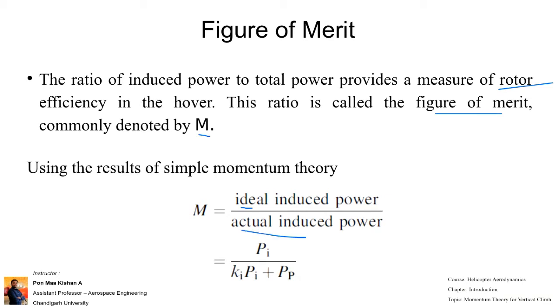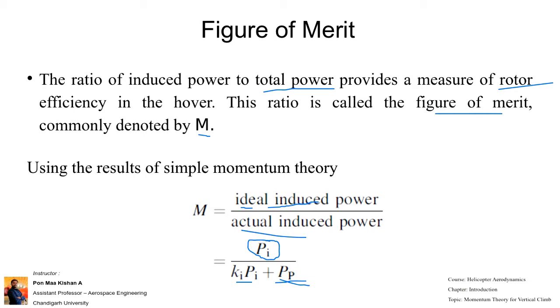Ideal induced power is just Pi. Actual induced power will include the profile power also. So M is given as the ratio of ideal induced power divided by the total power, which is induced power plus profile power.